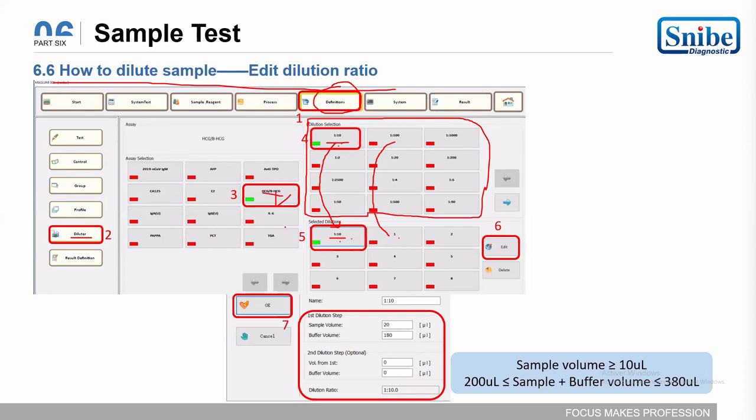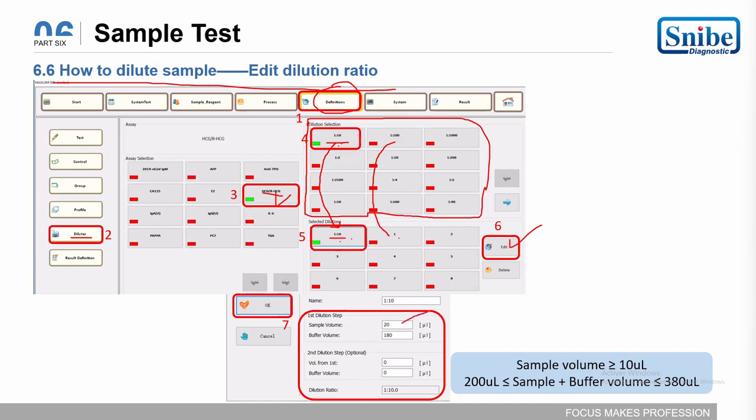But if you want to use a dilution ratio that is not available in the upper list, then you need to add it by yourself. Then you can click Edit and then edit the customized dilution ratio, the dilution ratio you want to use.